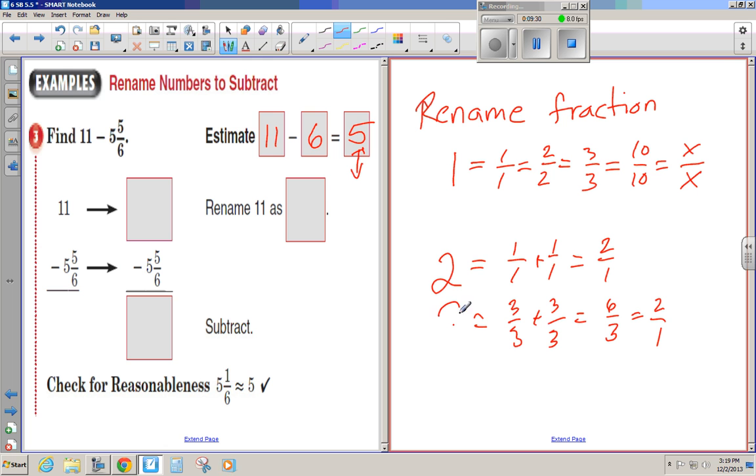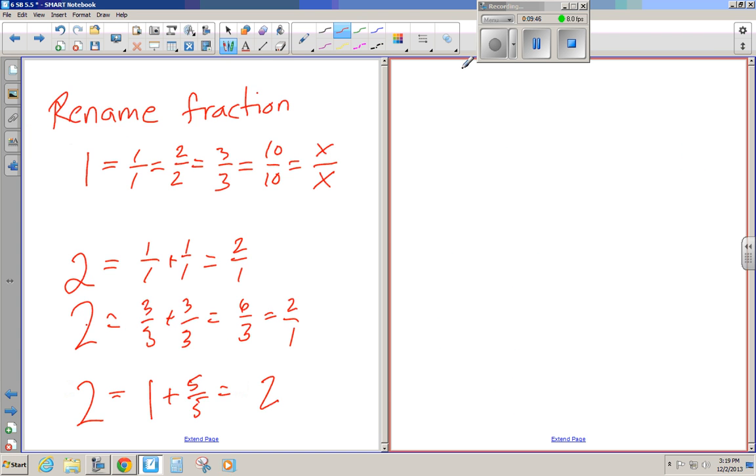I could say that, let's use 2 again, I could say that this was 1 whole plus 5 over 5. That's still equal to 2. So what I'm going to say is when you rename here, first step is going to be take a whole out as a fraction.